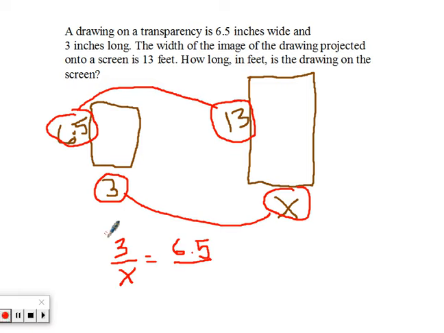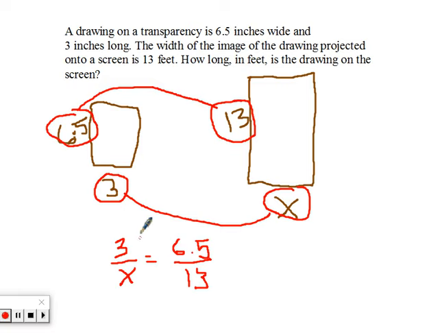As long as you line them up correctly, that's not a problem. 6.5 is connected to 13. And this is what I'm saying. Look, these are lined up. That's the smaller figure, and this is the bigger figure.